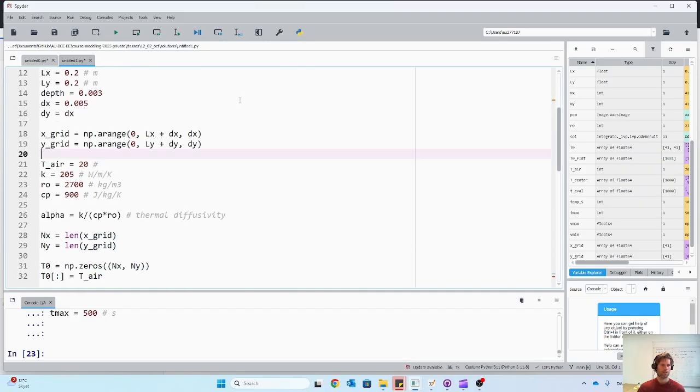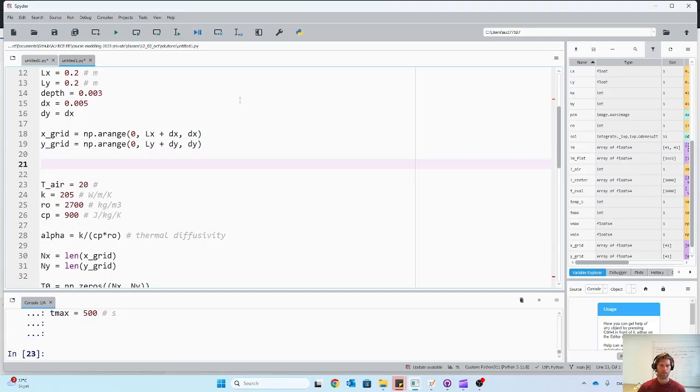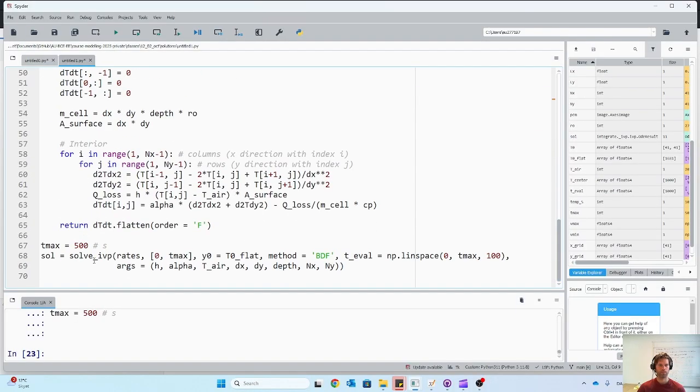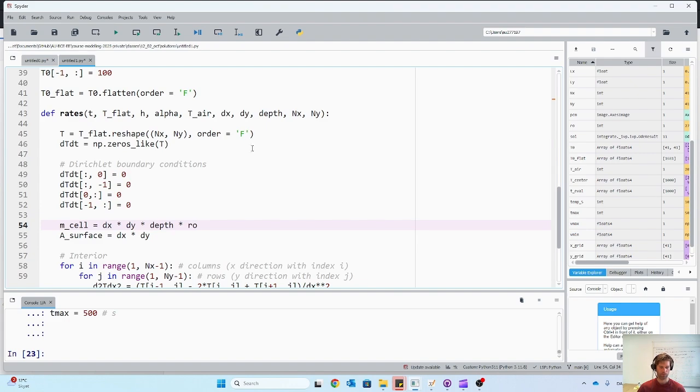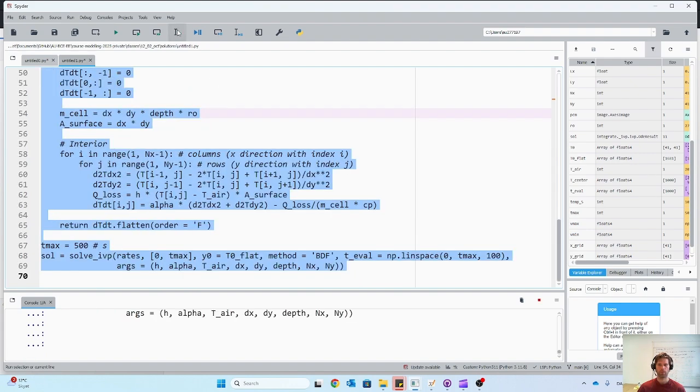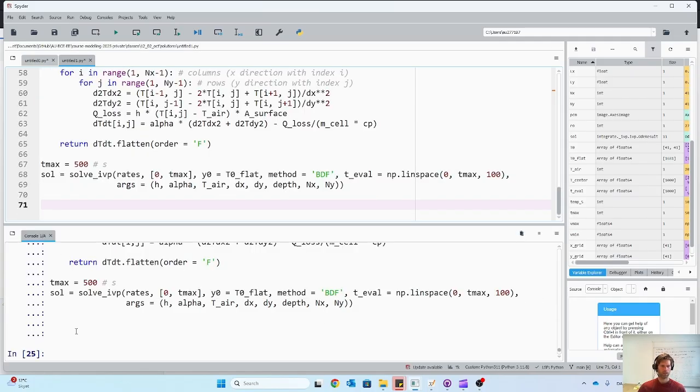So that is the heat transfer coefficient, and we can look up in some tables what value to use, but we'll go for a value of 5 in this problem. And let's try to run everything. And we then have the solution.